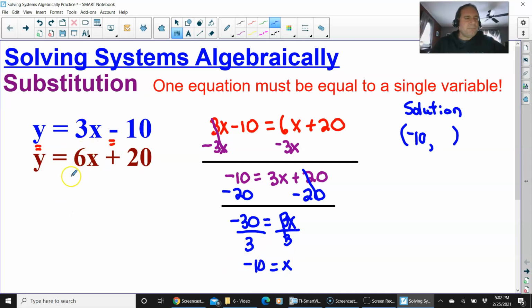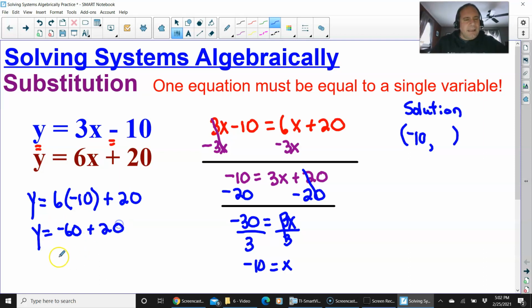I'm going to pick the second equation because it doesn't have any subtraction symbol, but you can pick the first, it's fine. So I'm going to write down y equals 6, and instead of the x I'm going to substitute the negative 10 in. So we have y equals negative 60 plus 20, and finally y equals negative 40. You can put that in your calculator, and you can see the solution is negative 10, negative 40.